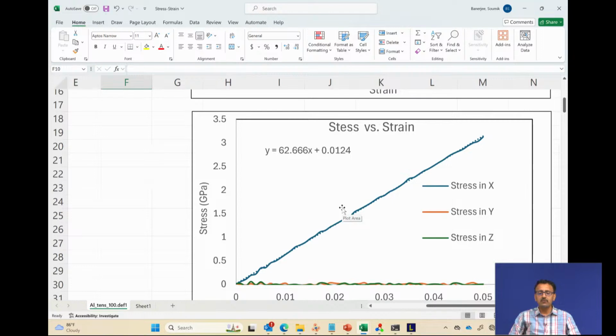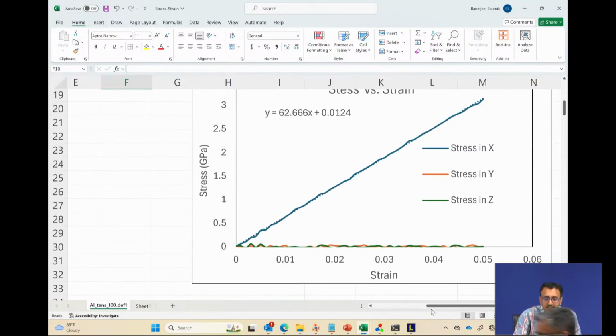The literature reports it at about 65 point something gigapascal. So the calculated Young's modulus is not too far off, considering we have a pretty small system. If I had to run this again, I would certainly scale up the system to much larger and probably play with the strain rate a little bit.